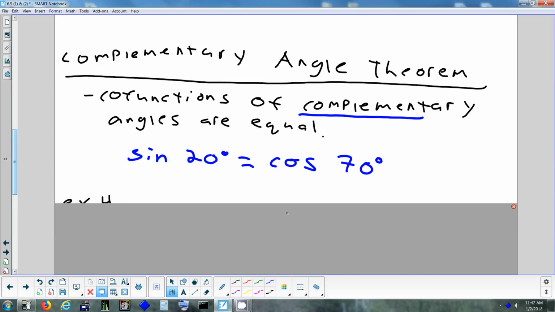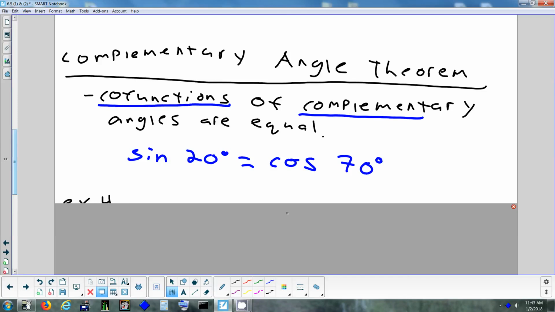Sine and cosine are cofunctions. 20 and 70 are complementary. Therefore, those two things are equal. What are they equal to? I have no idea. But I know whatever the sine of 20 is, the cosine of 70 comes out exactly the same. Some random decimal. But they are the same random decimal.